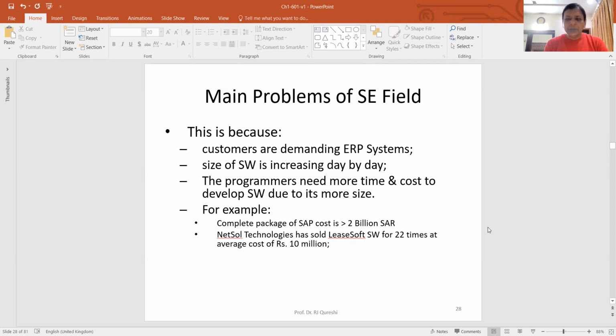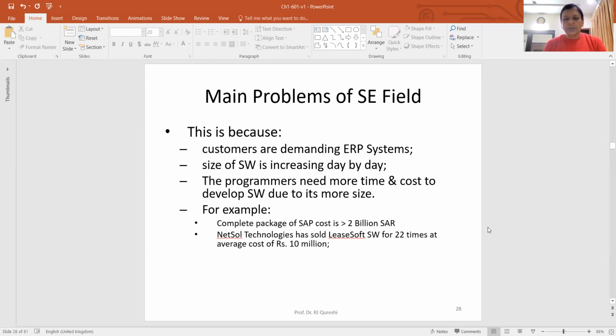What is an ERP system? Enterprise Resource Planning System, which is a collection of integrated systems to automate the business processes of a company and to have profitable business and successful software.